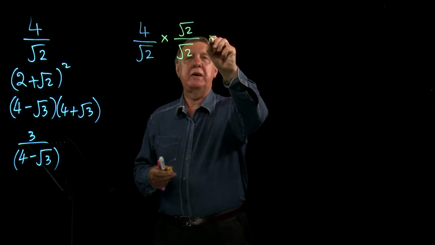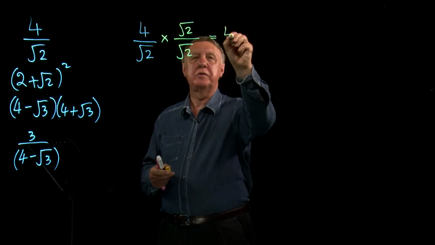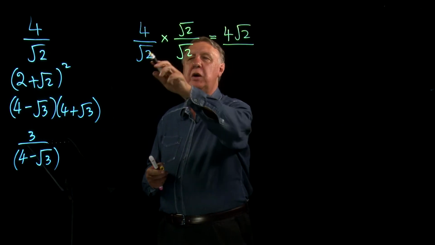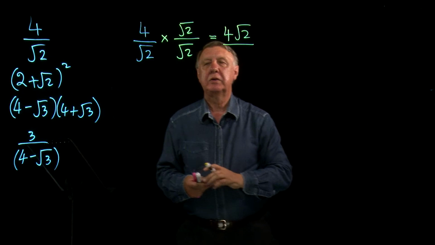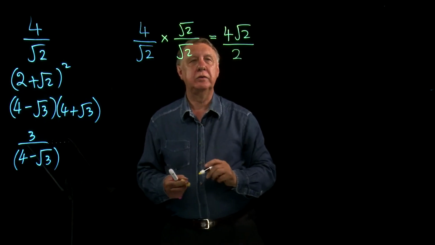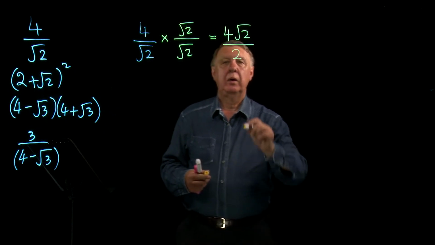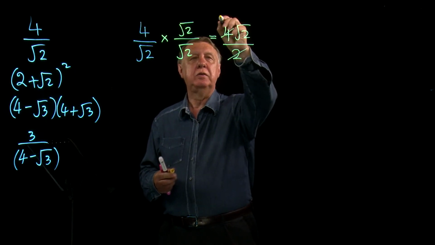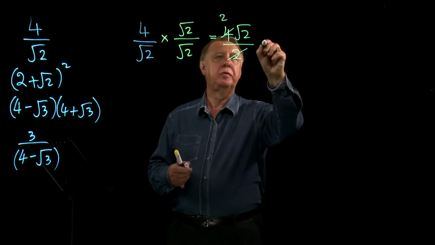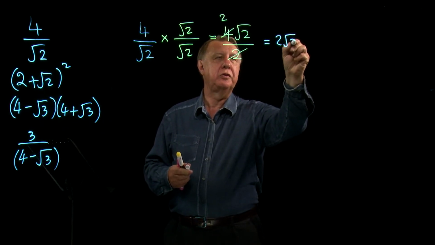And if we do that, 4 times the square root of 2, we can write like that. And then on the bottom line I've got the square root of 2 times itself, which of course brings me back to 2. 2 cancels and I'm left with the final answer of 2 root 2.